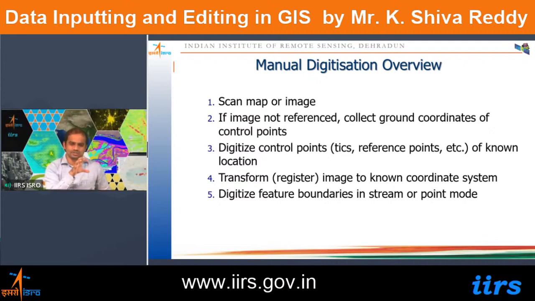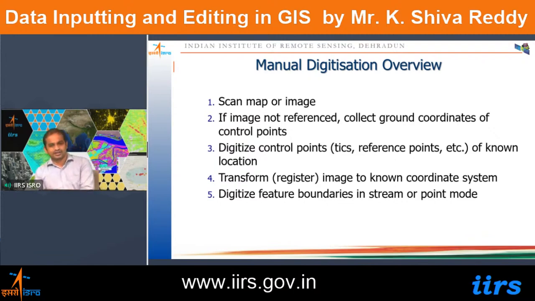Understand? So first you establish a mathematical relation between the image coordinates, which are not referenced, and the actual ground coordinates. Once you get that relation, you need to transform it, and that is also done by the software. Once you apply that, the entire image will be registered based on the control points, and then you have to choose a coordinate system and save it.